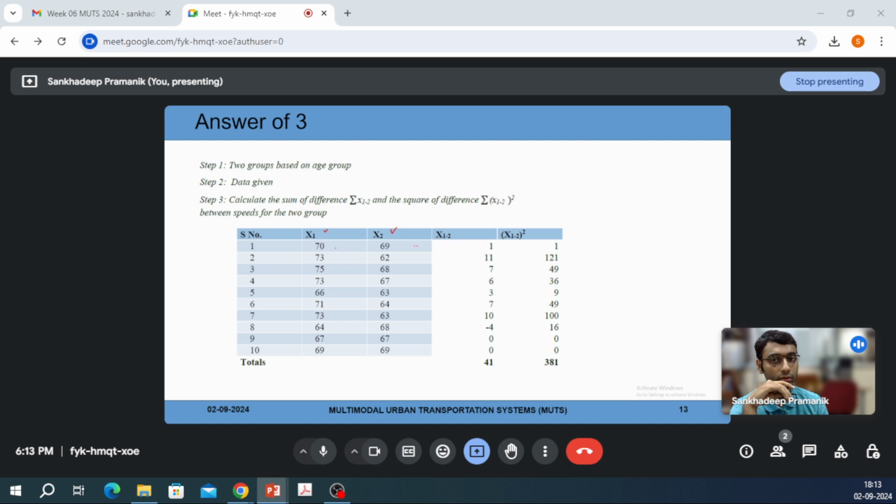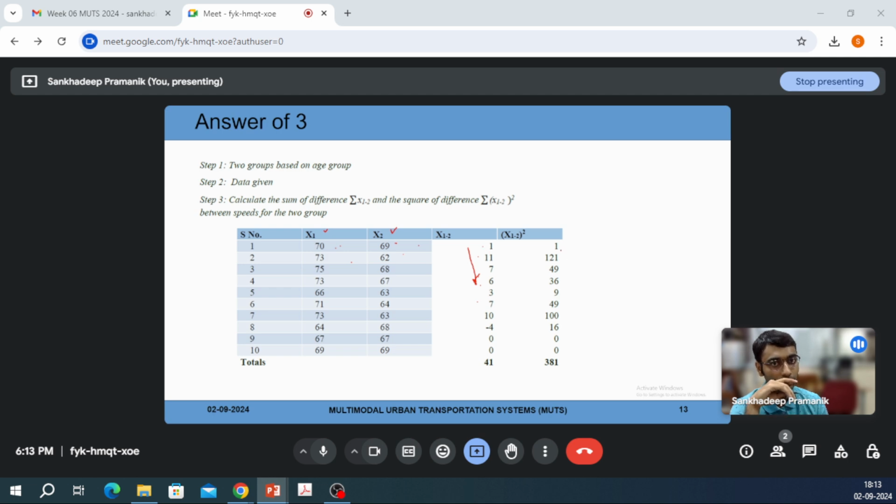If you do the difference x1 minus x2, then it will come 1, 11, 7, 6, 3 like that. So 70 minus 69, 73 minus 62 like that it will come. And if you again square this one, then it will be x1 minus x2 square.